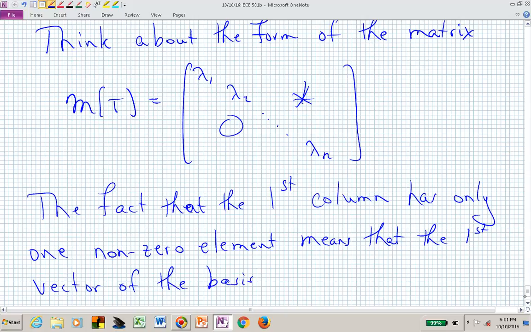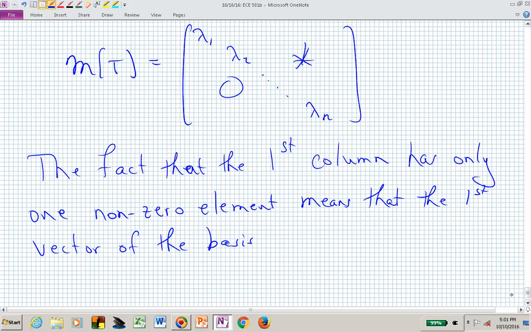is what kind of a vector? It's now scaled by lambda 1, and what have we been scaling with lambdas? So that first basis vector has to be an eigenvector, doesn't it?